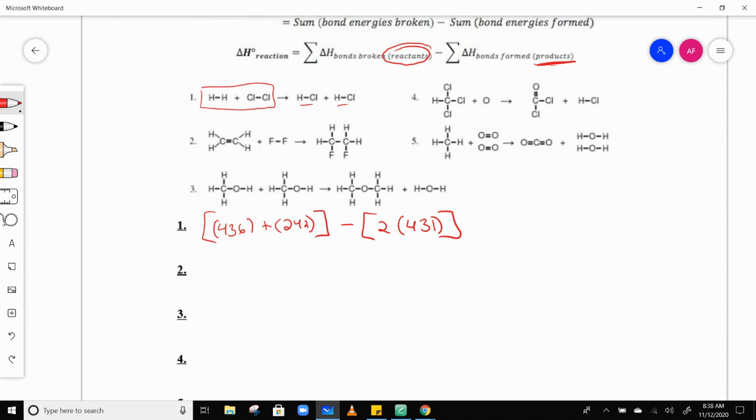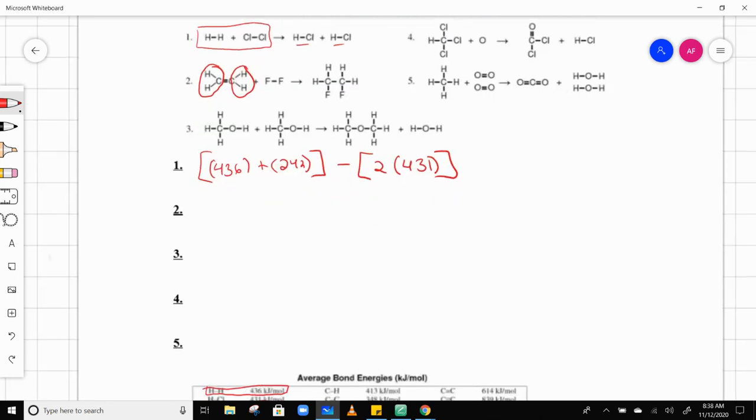Okay, it gets a little bit trickier as we get more and more of these bonds here. You just have to make sure you keep all of them in order here, right? So for number 2, in the reactants, you have these CH bonds, 1, 2, 3, 4. So you have 4 CH bonds.